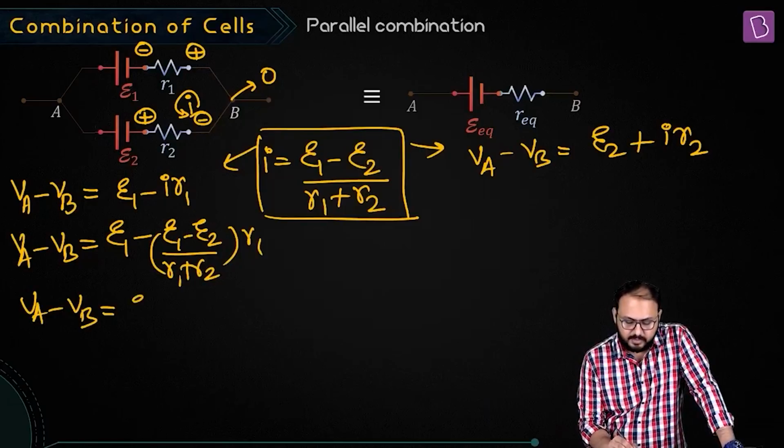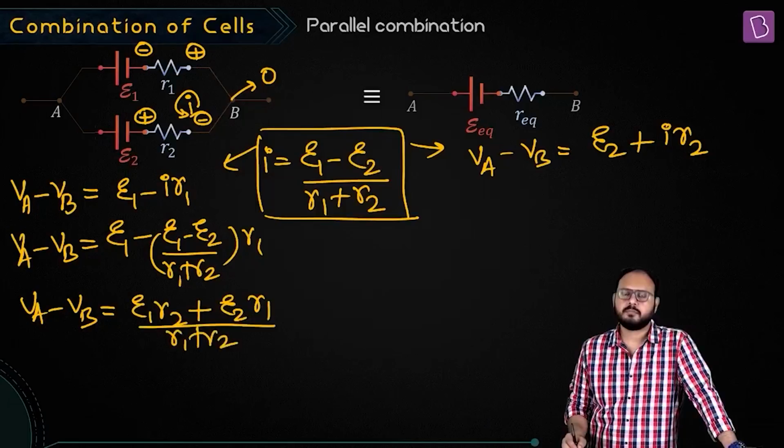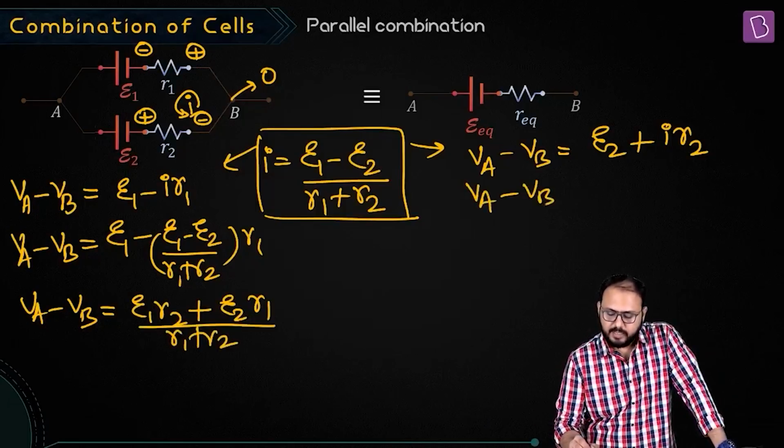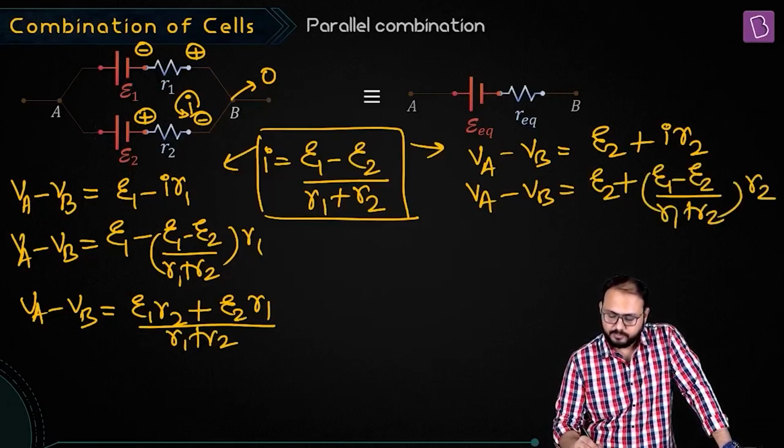Right, sir? You get E1R2 plus E2R1 upon R1 plus R2. Let's check here. Out here we get E2 plus E1 minus E2 upon R1 plus R2 into R2.